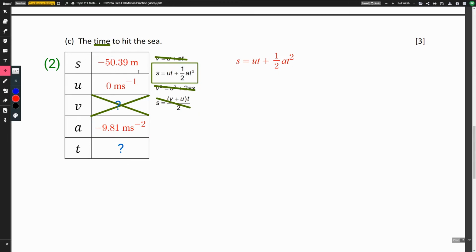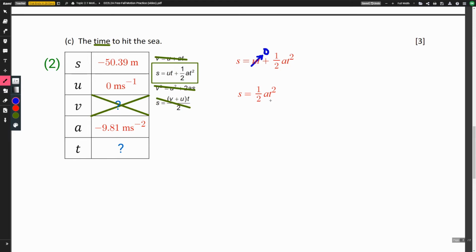Now, when we look at our Suvat table, we actually realize that u is 0, which means that this u right here is actually going to go away. So I'll go ahead and rewrite this equation without the u there, because the u is going to go to 0. So this term, I can draw an arrow through it to say that it goes to 0, which means that this term goes away and it's gone.